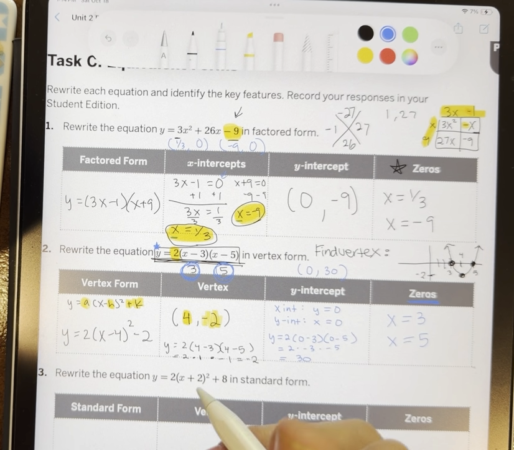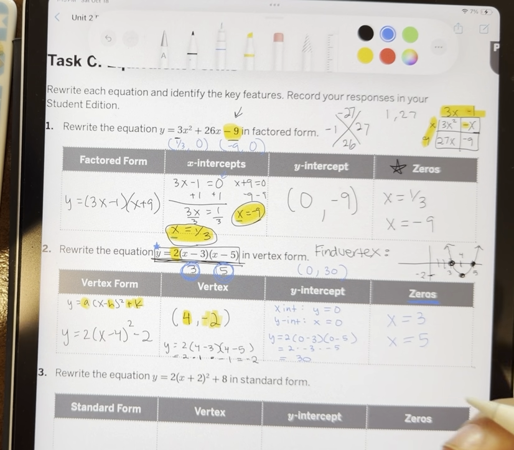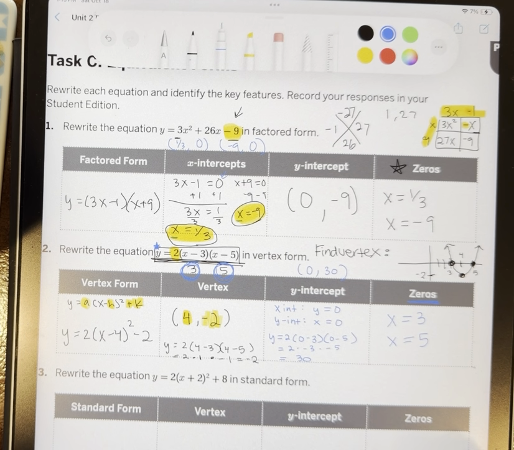Now rewriting this in standard form, you guys, you just multiply it out and simplify. So we have 2 times x plus 2 times x plus 2. So the squared means x plus 2 times x plus 2, plus 8. And now I multiply this out. So you could use the box or you could use the distributing.